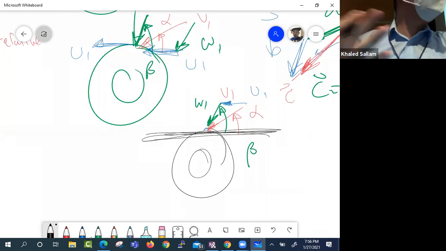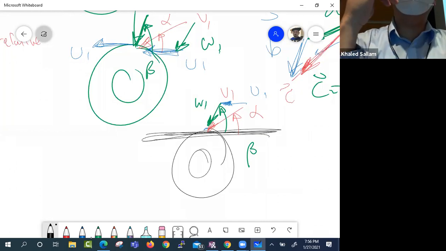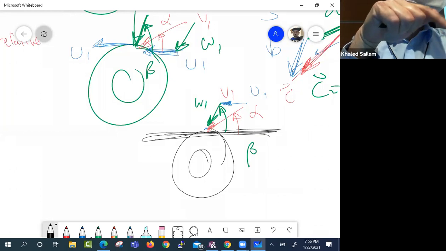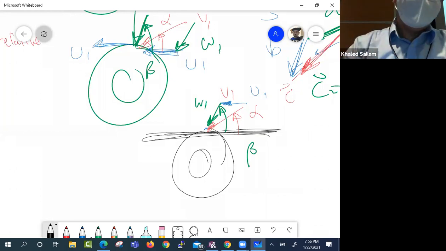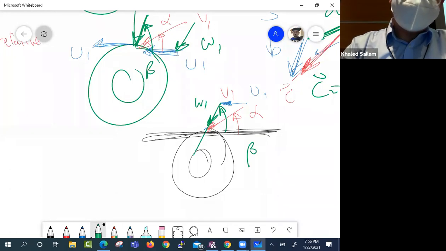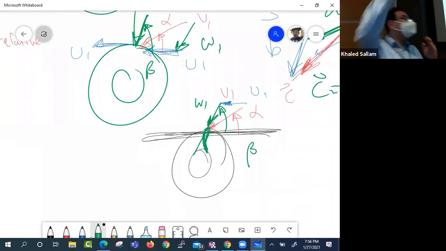Yes, the truth with respect to someone that is static, standing. But as far as the rotor is concerned, it's rotating. So you should base it on this, and the impeller plate would look something like this, because it's not waiting for V, it's waiting for W.